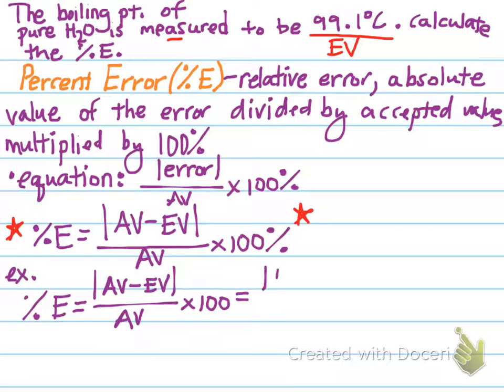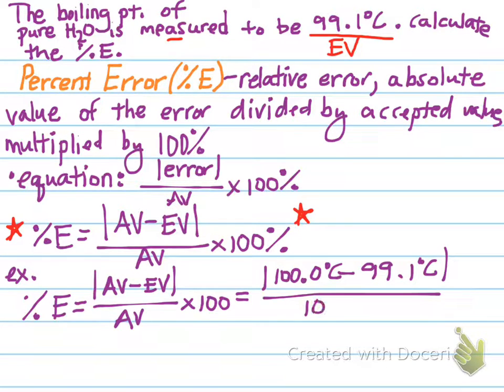So absolute value of 100 degrees Celsius minus 99.1 degrees Celsius, which is my experimental value, divided by 100 degrees Celsius times 100. And when you do that, you should get 0.9% error.